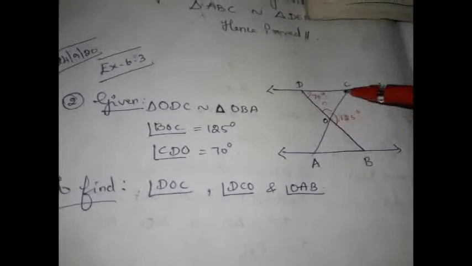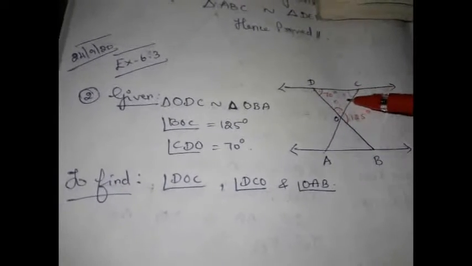They asked you to find DOC, this angle, and DCO, this angle, and angle OAB, this angle. These three angles they asked you to find out. So what is given? ODC is similar to triangle OBA, right?